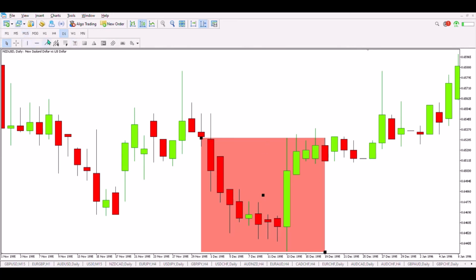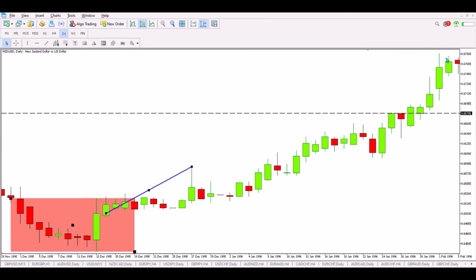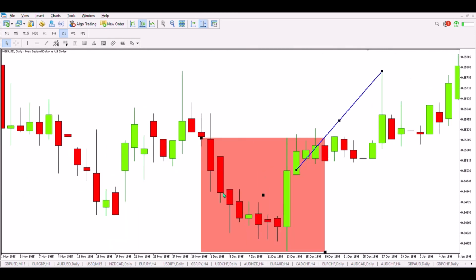Now, if you took the trade here and you wait for a nice push to the upside, I wouldn't take profit here. At least I would take at these previous highs. So this was a nice take profit, and as you can see, the price even went much higher. So this is a good example of a big shadow trade, in this case bullish.